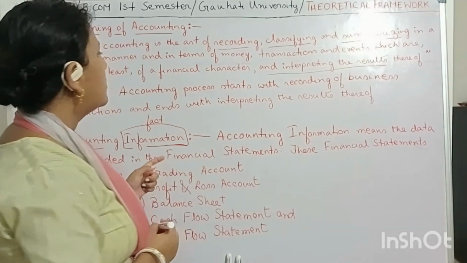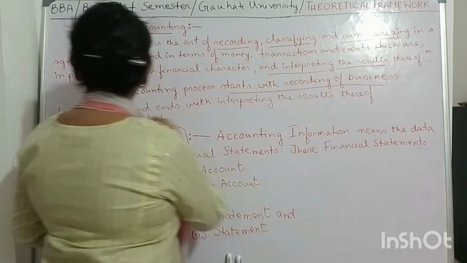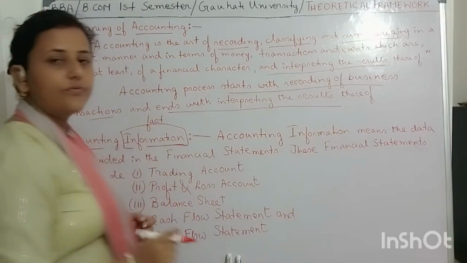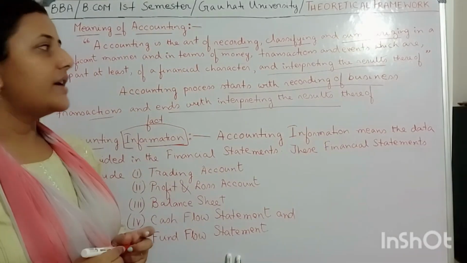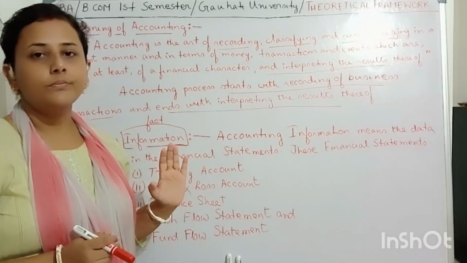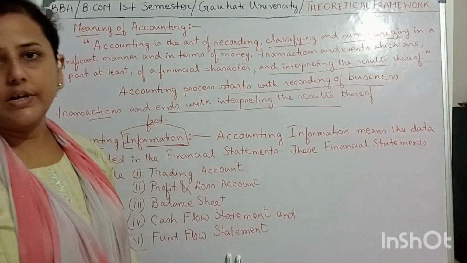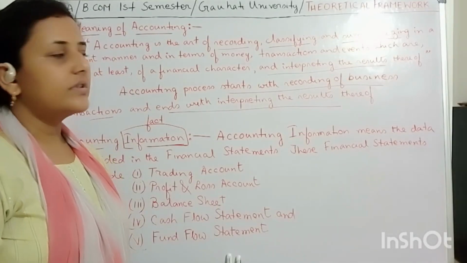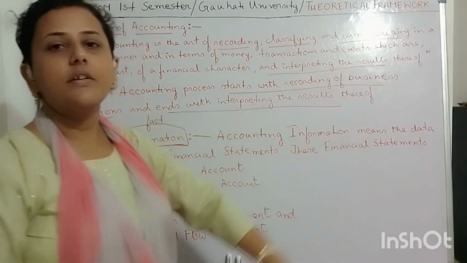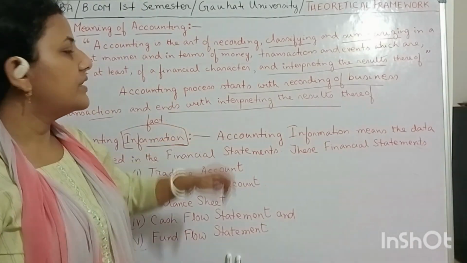It starts with recording of business transactions and ends with interpreting the results thereof. If you just write recording, classifying and summarizing, it's not okay, that is of HS first year level. Now, at the degree first year level, interpreting the results thereof is also included. Interpretation is necessary.